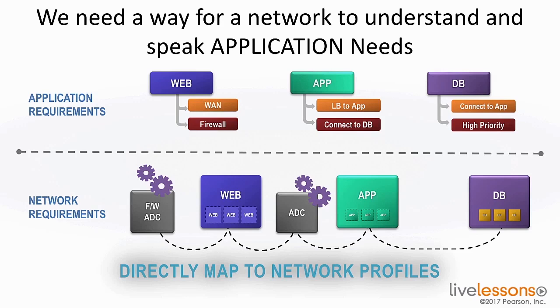VLAN 10 and VLAN 20 are two different groups, and then we control how they talk to each other through our contracts. A group could be all of my Exchange servers and all of my SAP servers, and then we control who has access to the Exchange servers through our contracts and who has access to the SAP servers through our contracts.